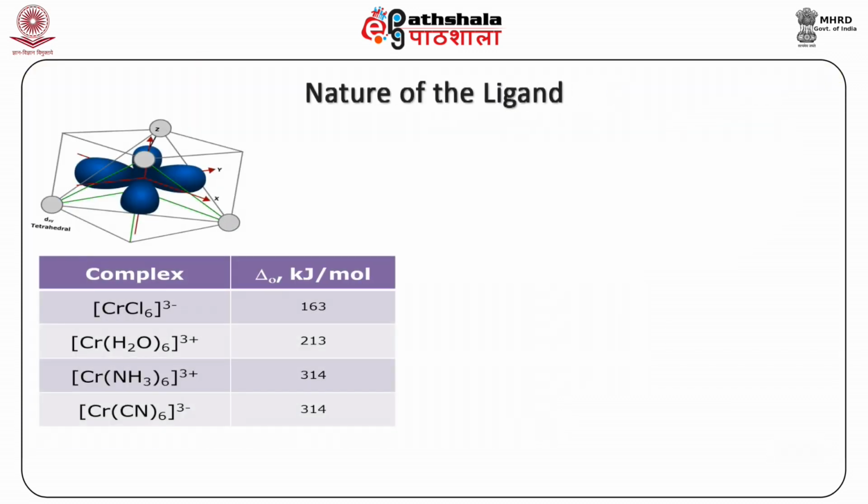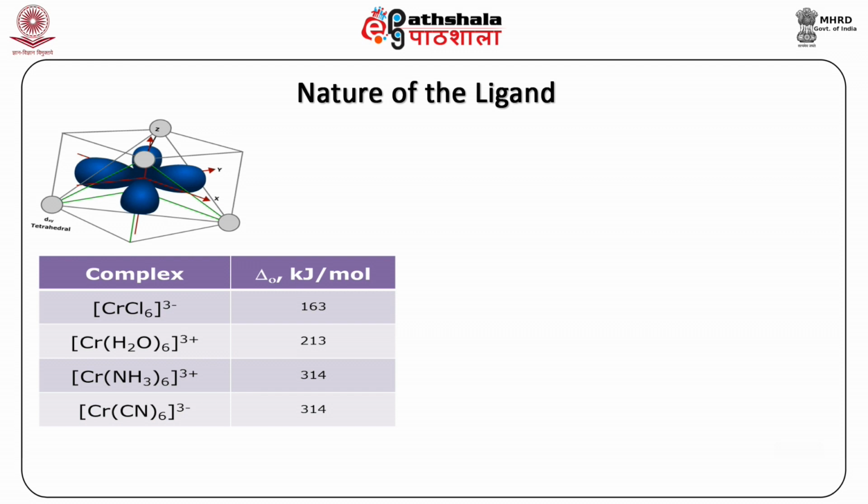The magnitude of crystal field splitting greatly depends upon the nature of the ligand. If it is easier for a ligand to approach the metal ion and interact with it, then the value of the splitting for it will definitely be high.